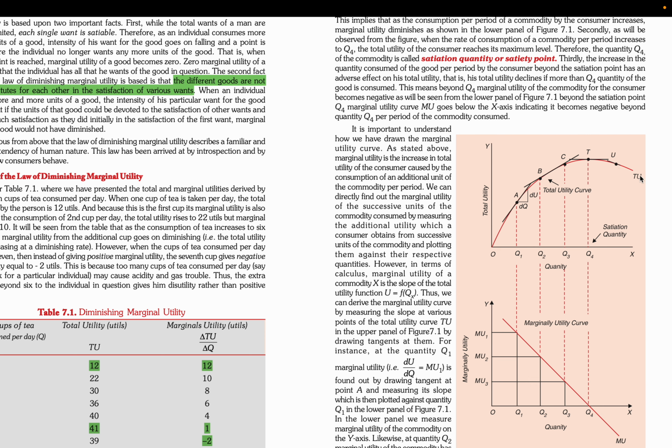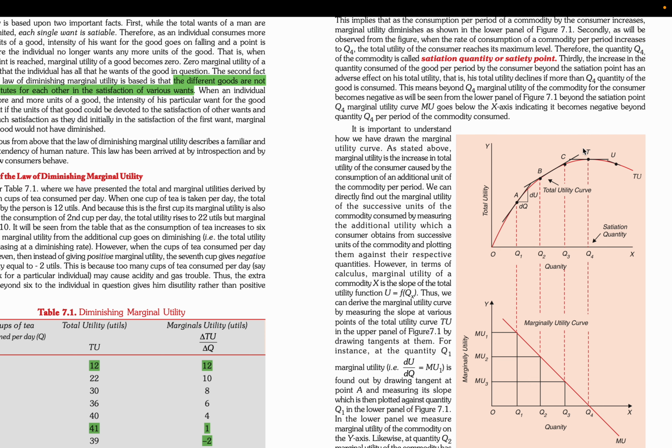So basically the second derivative is going to be negative. Therefore the quantity Q4 is called the satiation point or satiety point.